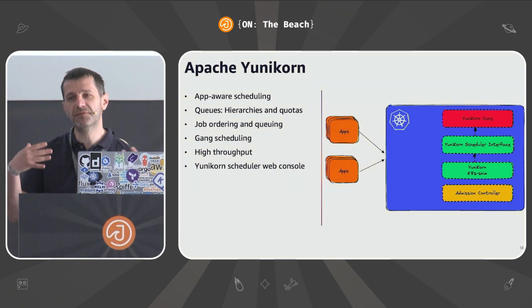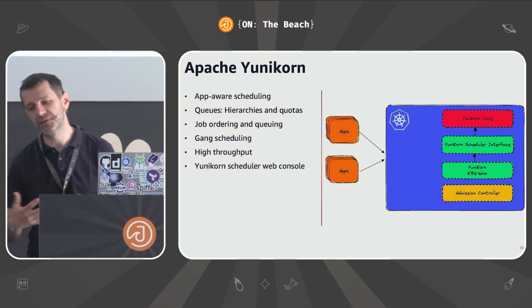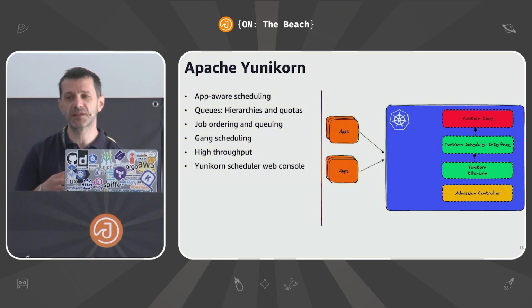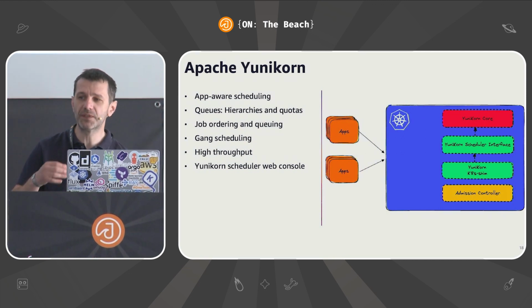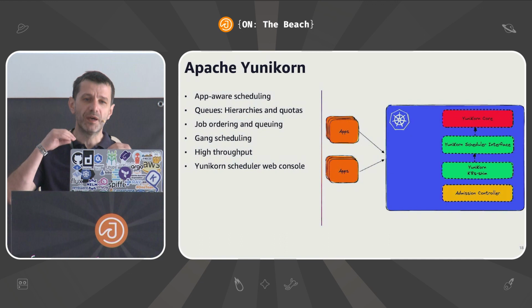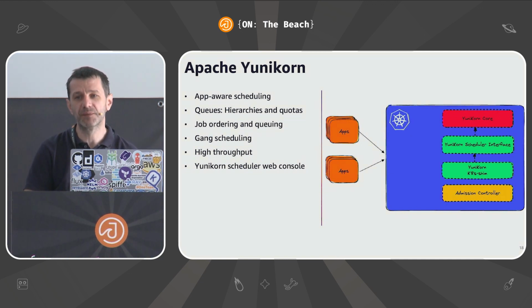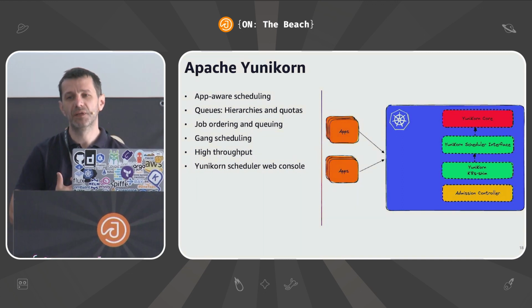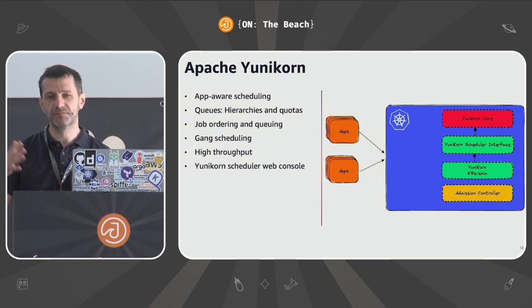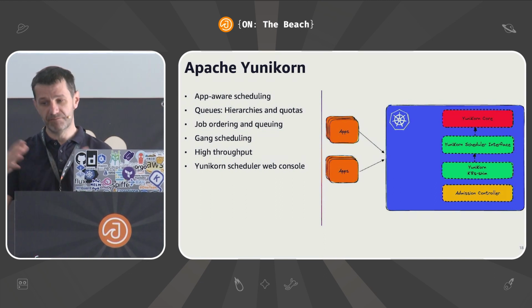The main feature of Apache Unicorn is gang scheduling. That means all the applications are scheduled at once, not pod by pod, one after another. So the default Kubernetes scheduler might be a blocker here, and that's why you might consider this.